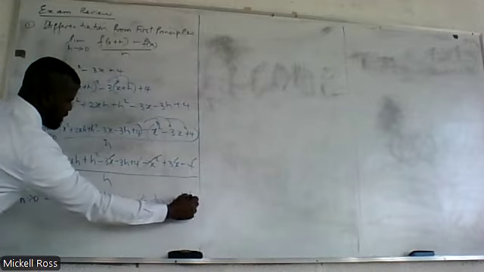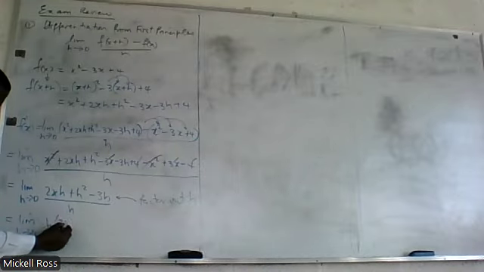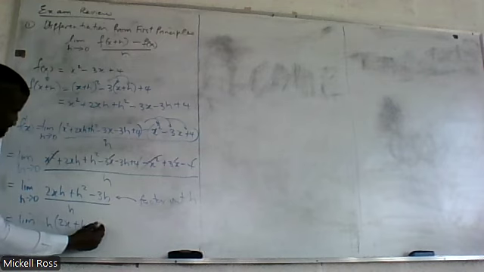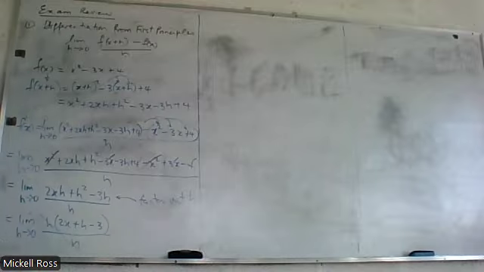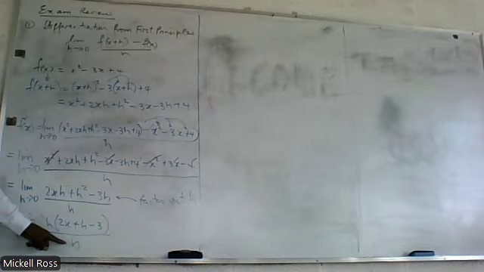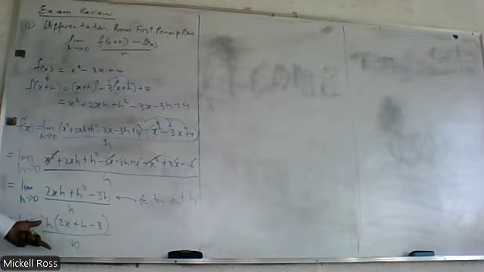Factor out h. So we now have the limit as h tends to 0 of h times 2x plus h minus 3, all divided by h. These two h's will cancel. One is in the numerator, one is in the denominator, one is multiplying and one is dividing, so they perform opposite operations and cancel each other.